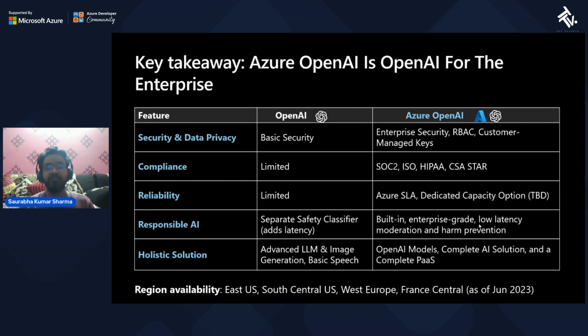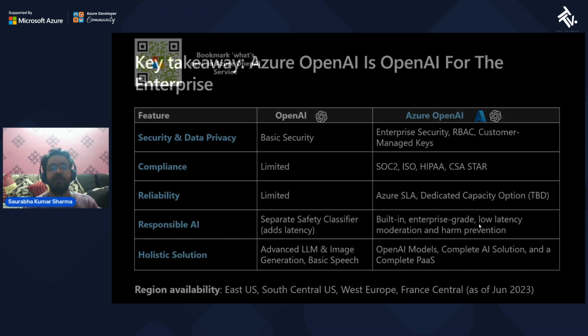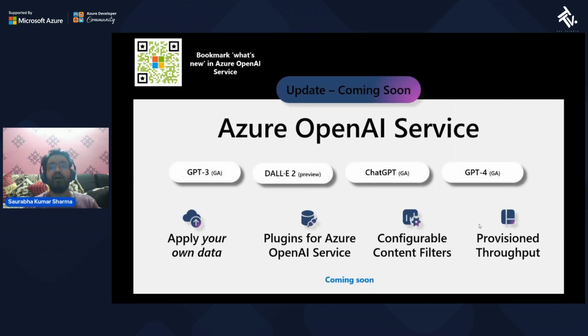On the region side, there was an issue: till June 2023, there were only some regions like East US, South Central, West Europe, and France Central. Now in 2024, there are lots of regions for Azure OpenAI and Studio, which you can directly use. The next update, upcoming soon in the coming days, is for applying your own data.